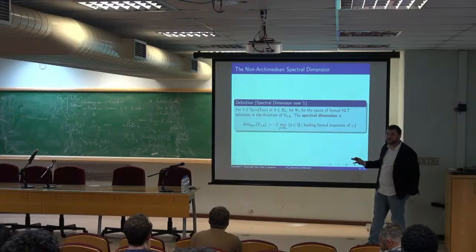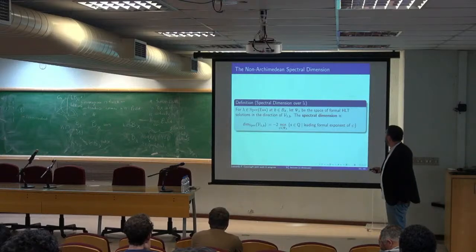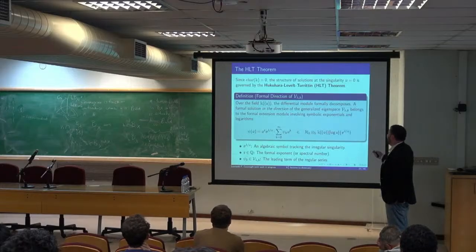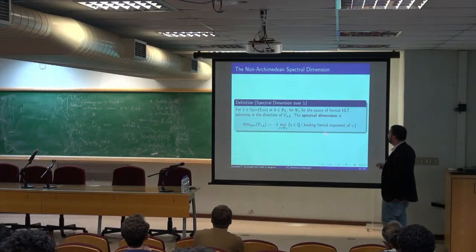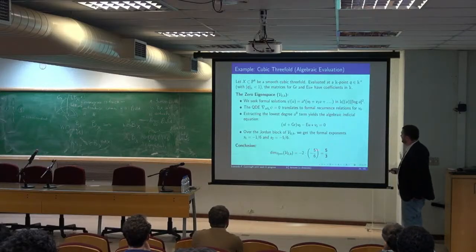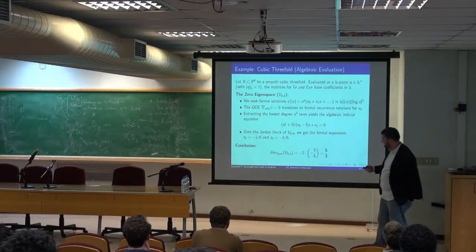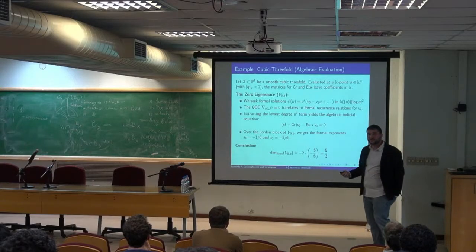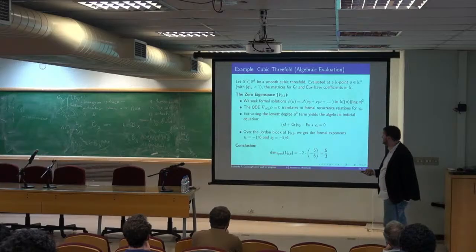I'm going very quickly here, just saying some words on what Ludmil said. And then after you solve all of this, indeed, you get for the cubic threefold 5/3. And 5/3 is definitely greater than 1, so this is why it is non-rational.